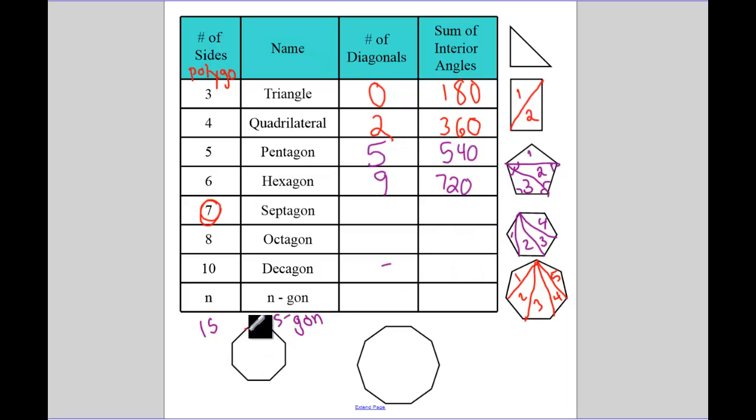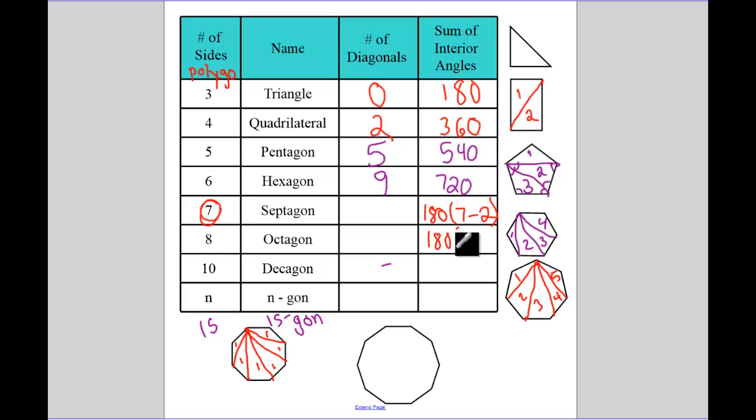So here's my octagon. 1, 2. This is just figuring out for some of our interior angles. I have 1, 2, 3, 4, 5, 6. So it's 180. Our pattern is 180 times the number of sides minus 2.